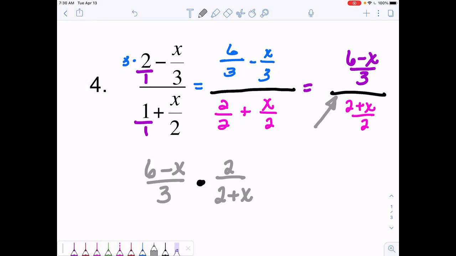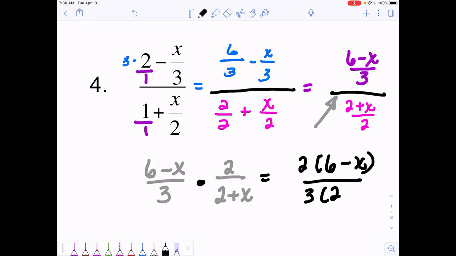We are changing it to multiplication, and we're taking the reciprocal of the denominator. And then we are multiplying here, but we are not distributing the constant terms through. So 2 times the quantity 6 minus x, 3 times the quantity 2 plus x. Questions on number 4?